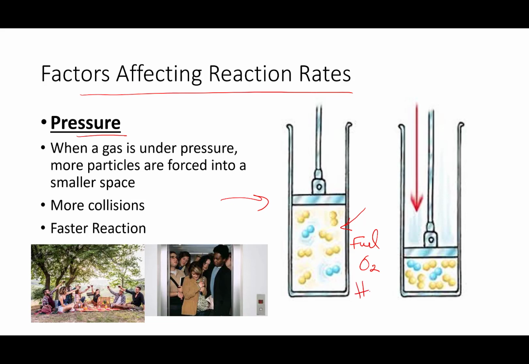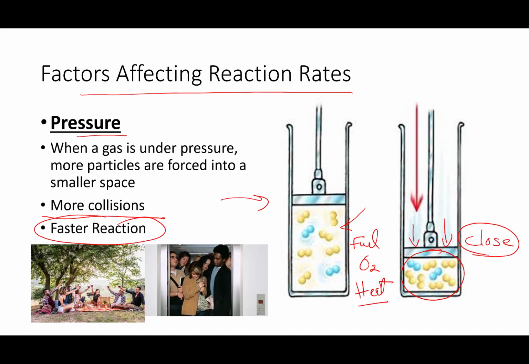You might even have heat. But the reaction doesn't start until you get everything really, really close together. So you make them get very close together by putting them under pressure. And when they're plunged together under pressure in that piston, you get more collisions and you get a faster reaction.